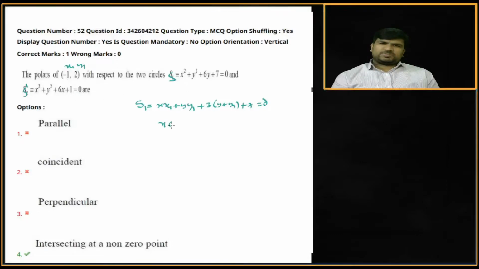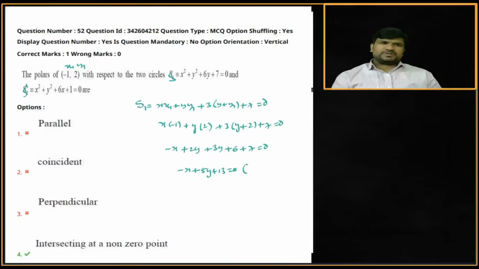So x into minus 1 plus y into 2 plus 3 times y plus 2 plus 7 equals 0. This becomes minus x plus 2y plus 3y plus 3 twos are 6, plus 7 equals 0. So minus x plus 5y plus 13 equals 0.